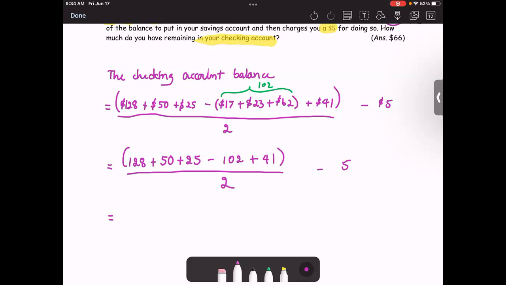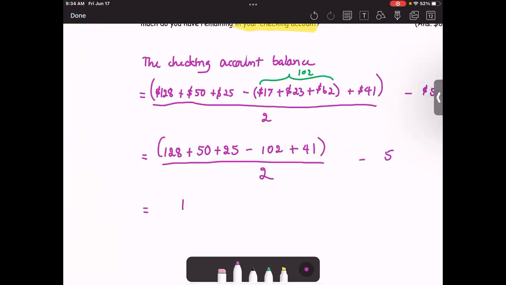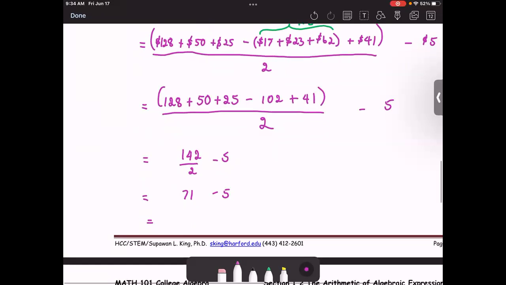And then we get the numerator simplified to 142 divided by 2 minus 5. 142 divided by 2, which is the quotient that we have to take care of before the subtraction. It becomes 71. 71 minus 5. And then finally, we simplify the number to be $66 as the balance in your checking account at the end of the month.